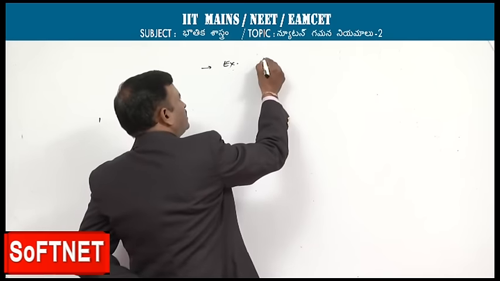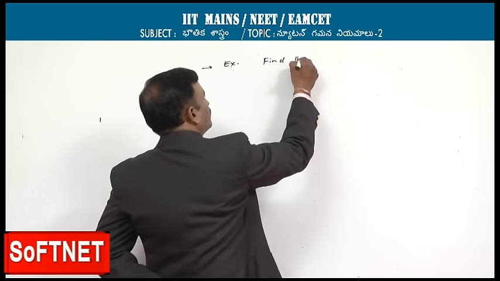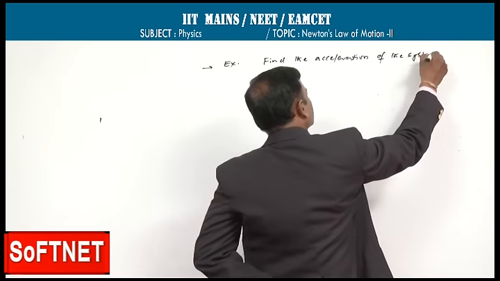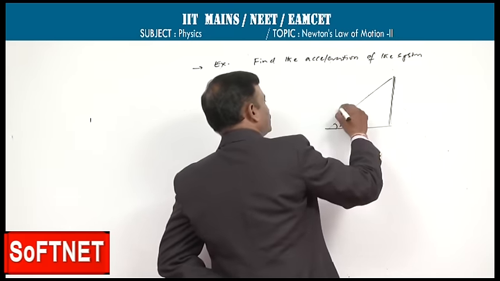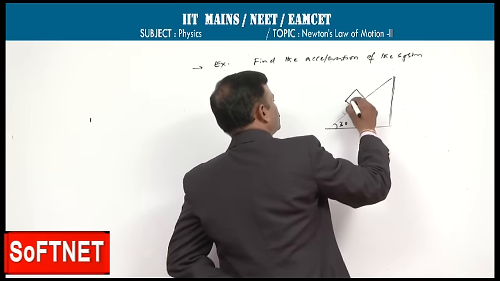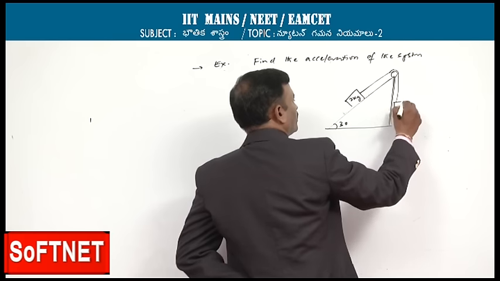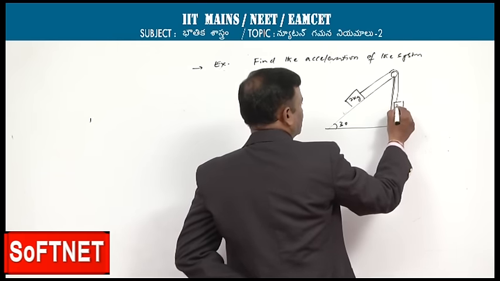Example: find the acceleration of the system. Here the angle is 30 degrees, there is a body of mass 2 kg, and the string is passing through a pulley. This other mass, let us take 3 kg.